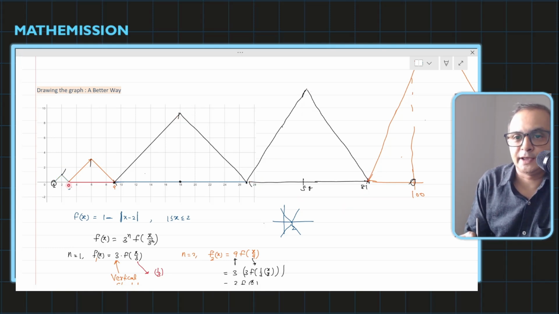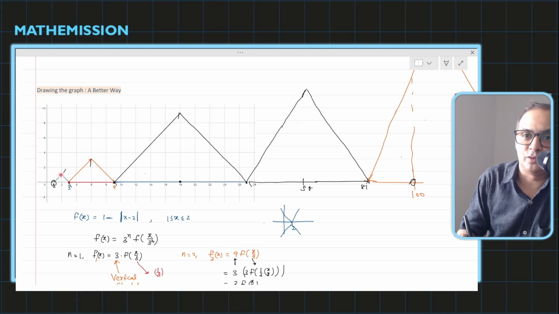You can also count like this, because between two consecutive interval values, I have one local maximum point where the point of non-differentiability will exist. So already I have 1, 2, 3, and yeah, 1, 2, 3, 4. Sorry, this I didn't count first.